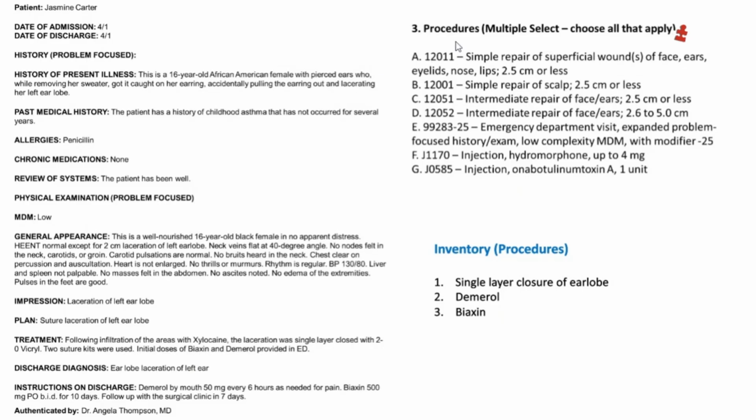And if you look at our procedures, well, we don't know if this F and G are the procedure, right? We don't know. What is this? Is this Demerol and Biaxin? Are these the generic terms?